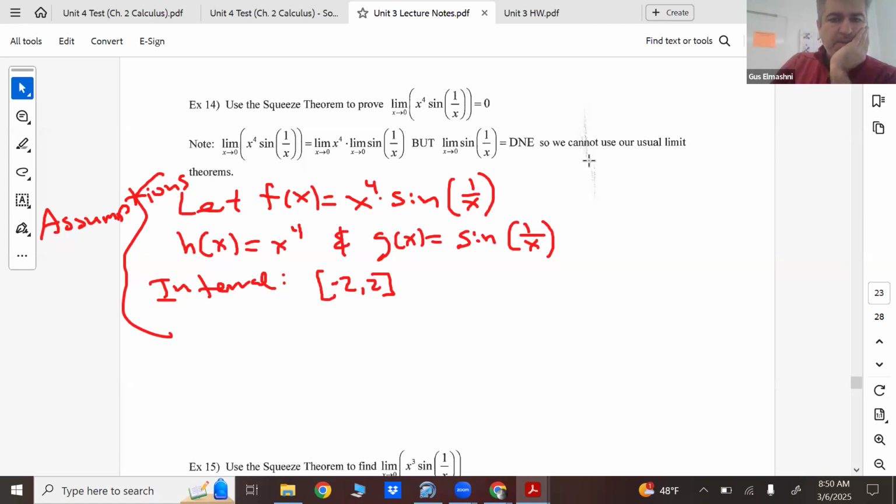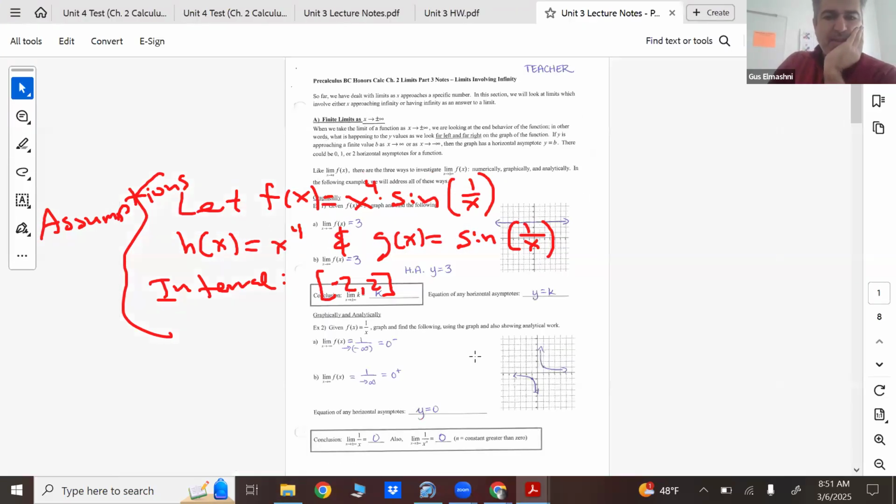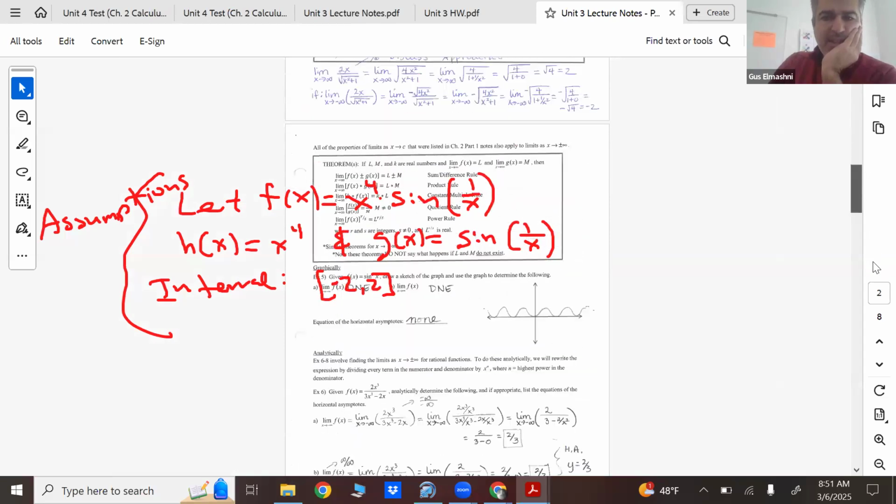Give me one sec here. Because as x approaches 0, okay, this is where I have to pull up my fold out notes. I'm a little stuck. I don't think I should have assumed g of x was that, because it's oscillating.